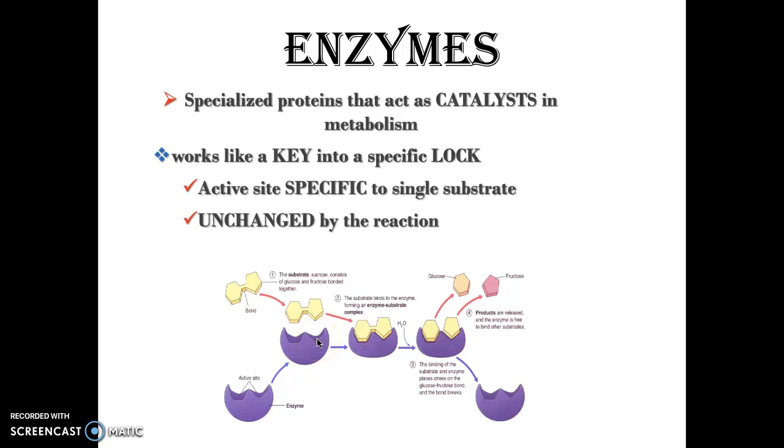Each enzyme has a very specifically shaped active site, and that active site will only allow a certain shaped substrate to enter and attach itself. So every enzyme is specific to each type of substrate.